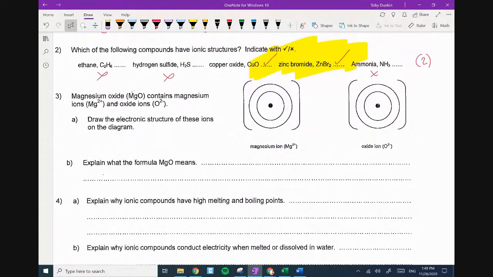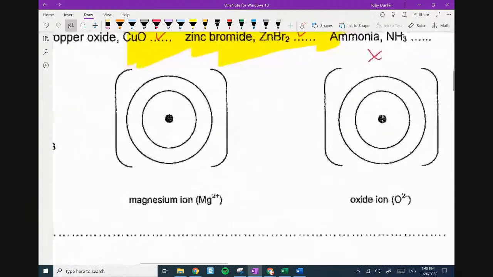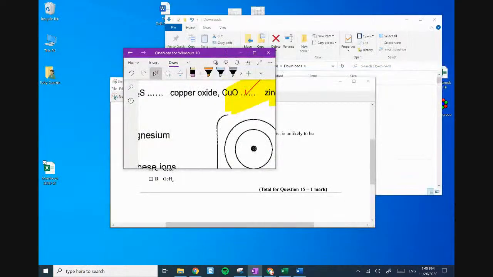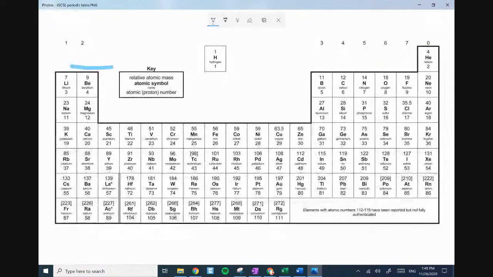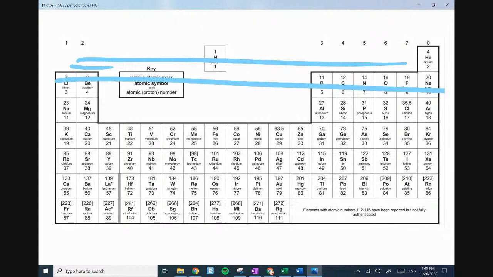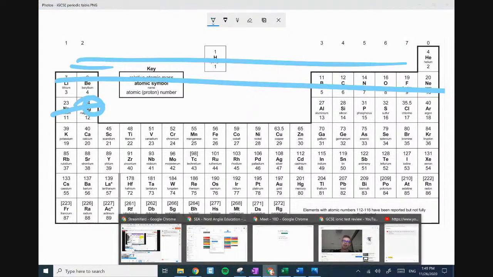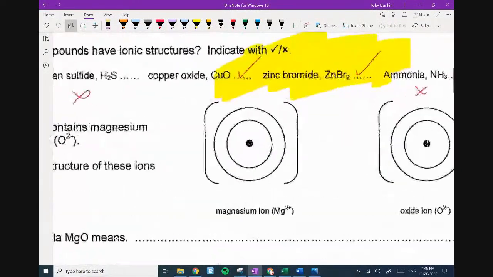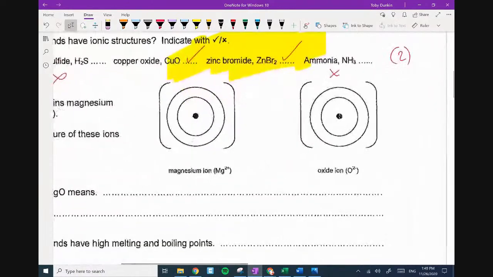Okay. On the electronic structures of these ions on the diagrams. Right. Okay, so we've got to check the periodic table for this one. So we know that magnesium has shell 1, shell 2, shell 3. It's got 3 shells. How many are in my ion? I have 2. And that's because it's lost electrons. Right. So 1, 2, 1, 2, 3, 4, 5, 6, 7, 8, 2 plus.